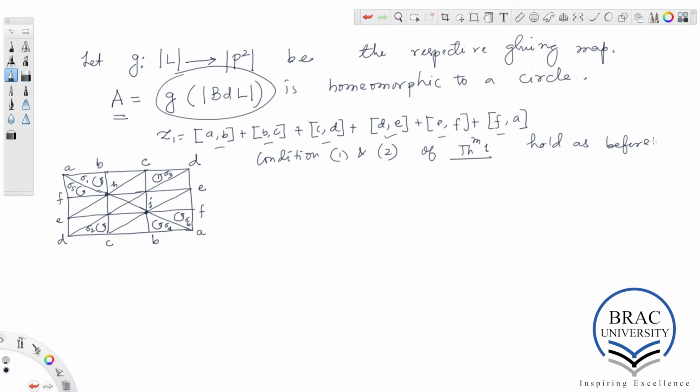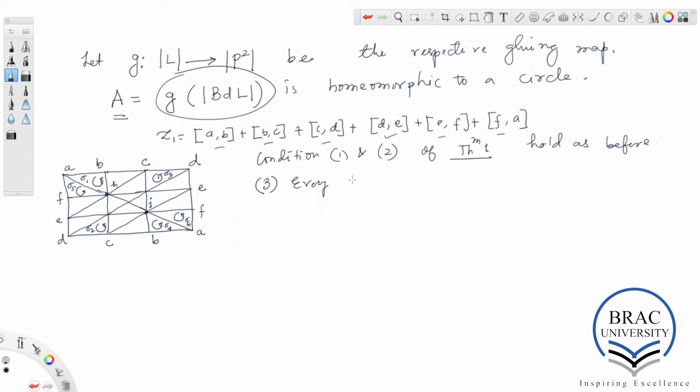Because under the identification, the orientations of the 2 simplices that we have here in the label rectangle L are not disrupted. They stay intact under the identification. So the proofs of 1 and 2 go as before and they hold. So there are two additional results. So let me write those results.